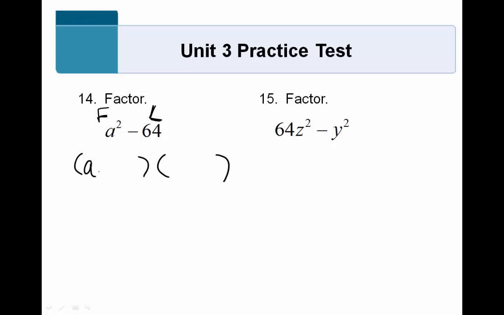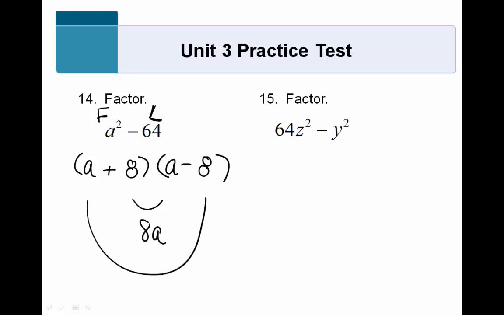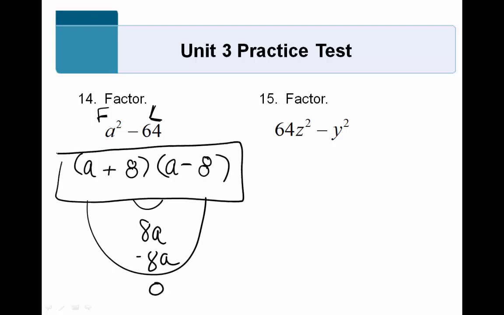A times A was A squared. 8 times 8 was 64. One was a plus, one was a minus. A plus 8 times A minus 8, or A minus 8 times A plus 8. Because notice, 8 times A is 8A. A times negative 8 is negative 8A. That added up to 0. That's why there's no middle term.